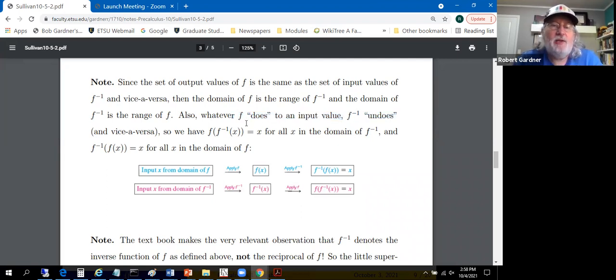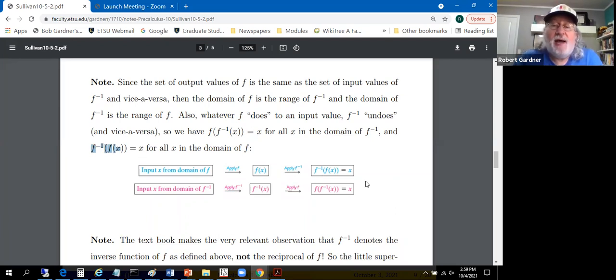But what that amounts to is f of f inverse of x, or f composed with f inverse of x, is simply x itself. So you had this input x, f inverse did something to it, and then f undid whatever was done to it, giving x back. Similarly, f inverse of f of x equals x. f takes the x value and changes it to something, and f inverse changes it back to the original input x.